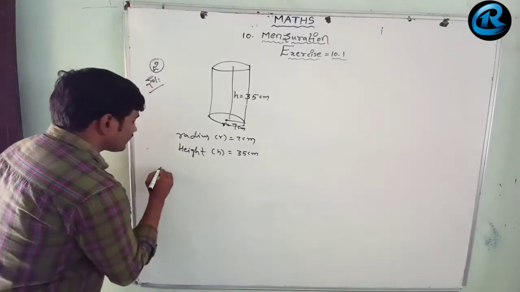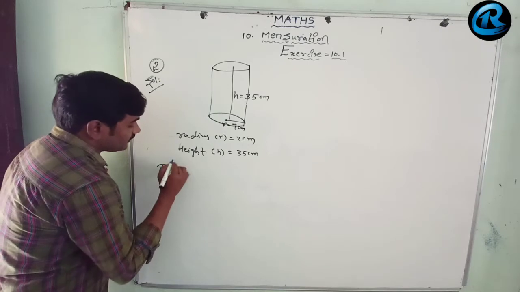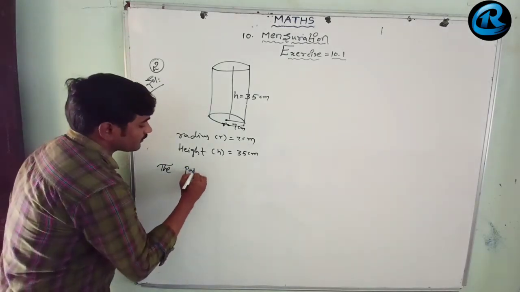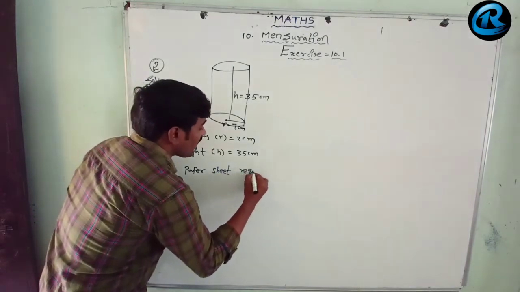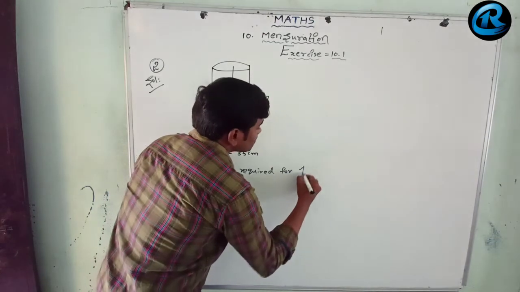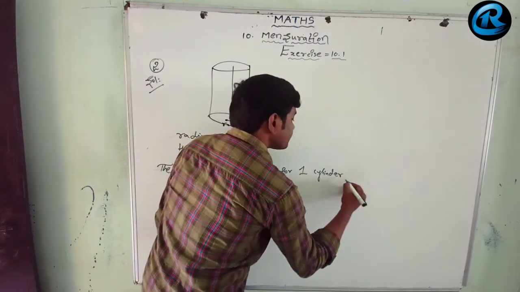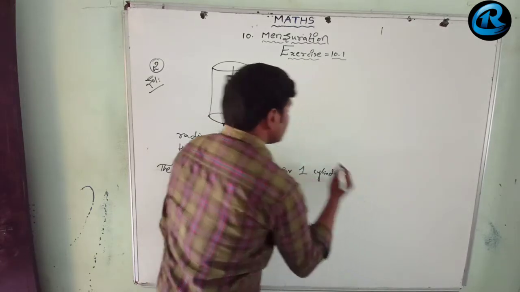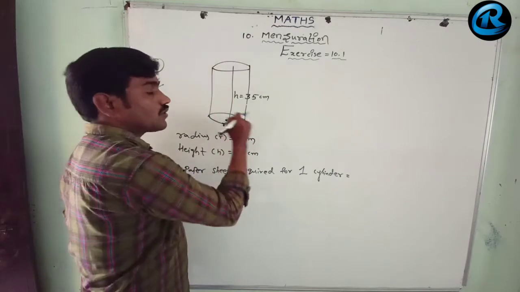First of all, let us find the paper sheet required for one cylinder. We have to find the total surface area because we have to cover the top and bottom also.